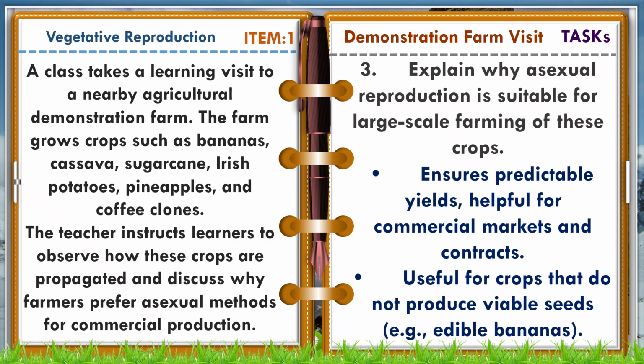They ensure predictable yields and are helpful for commercial markets and contracts. They are useful for crops that do not produce viable seeds, like edible bananas.